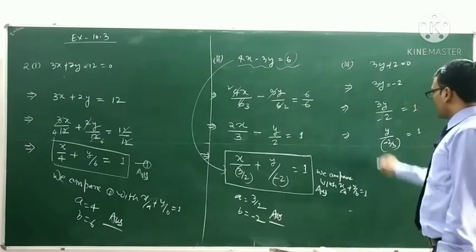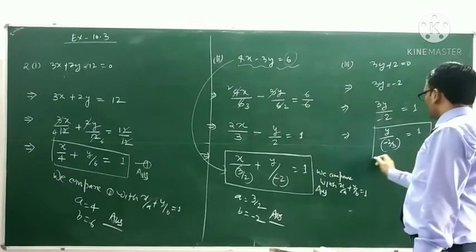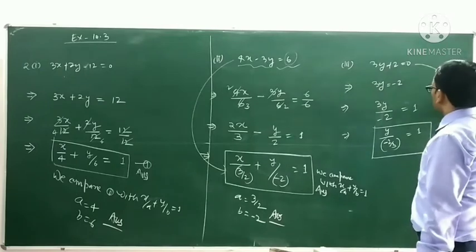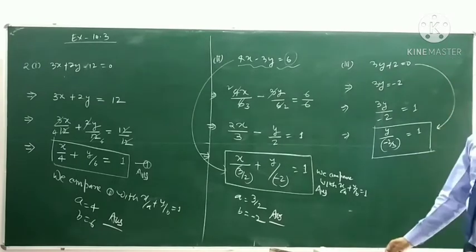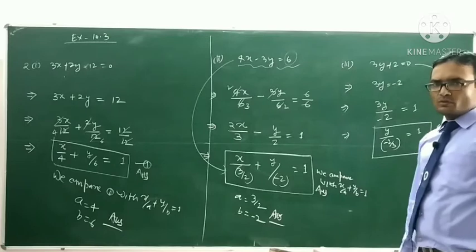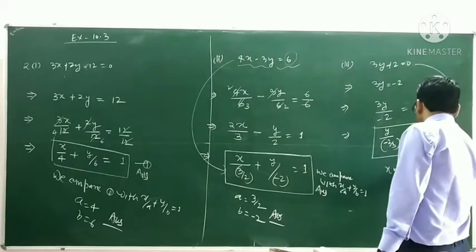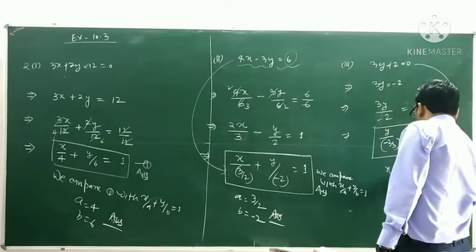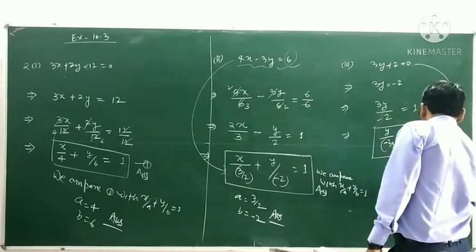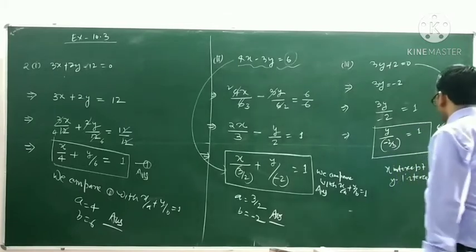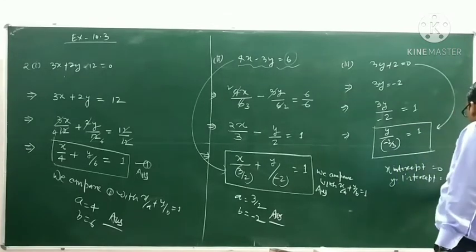Okay students, this is the intercept form of equation 3y plus 2 equal to 0, where x intercept is 0 and y intercept is minus 2 by 3.